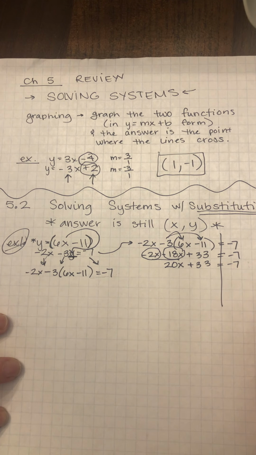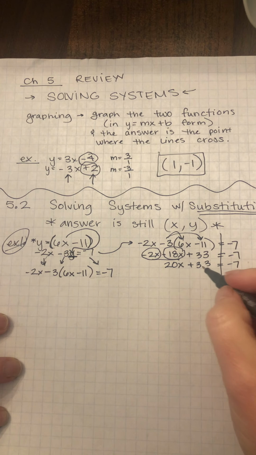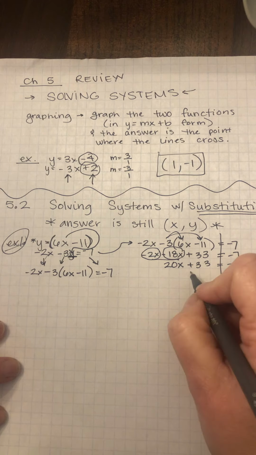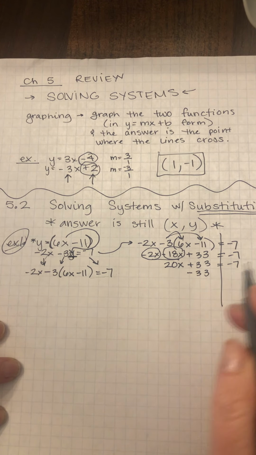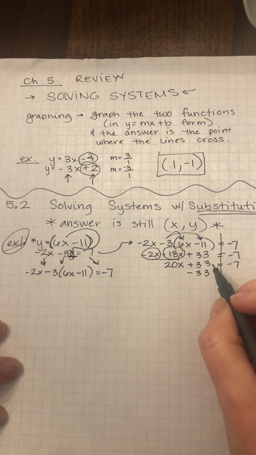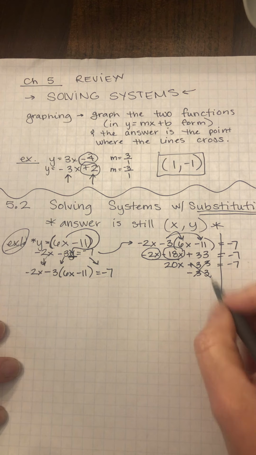Now I need to work on getting the variable alone. So I have to undo, right, using inverse operations. I'm going to do the opposite of what I see, starting with what is unattached to the variable. So the opposite of positive 33 is negative 33. When I do the opposite here, positive 33 minus 33 is 0.